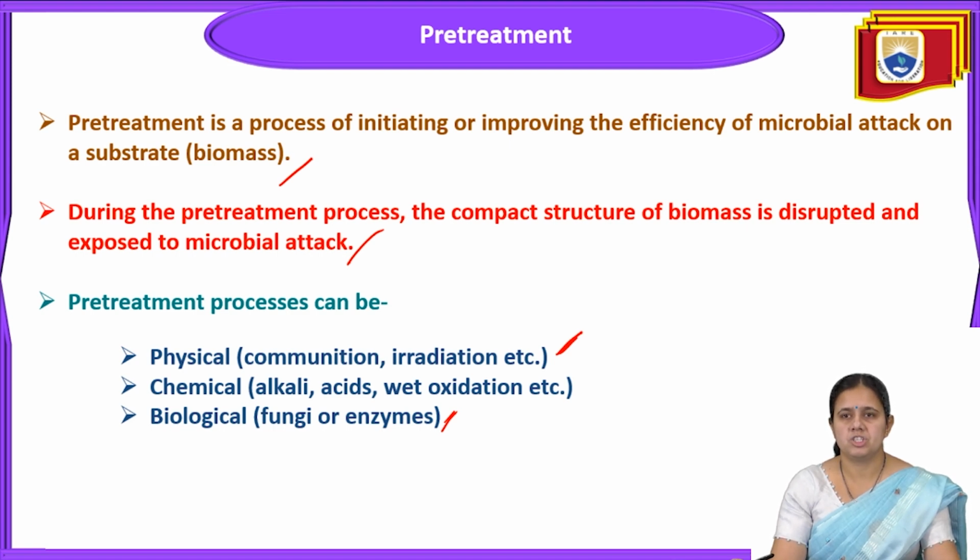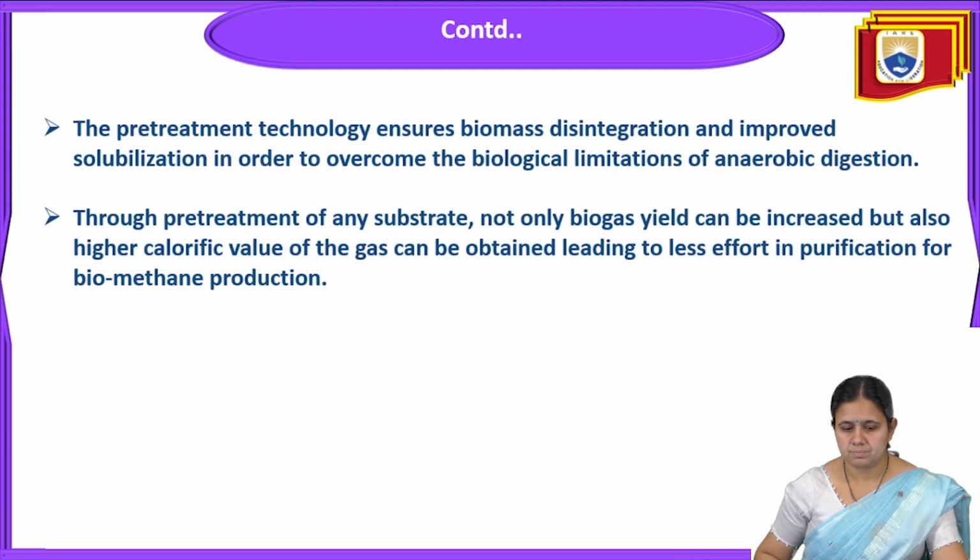Physical processes include comminution or irradiation. Chemical processes include alkali treatment, acid treatment, or wet oxidation treatment. For biological pre-treatment, fungi and enzymes are used.